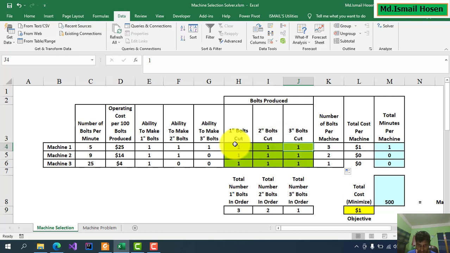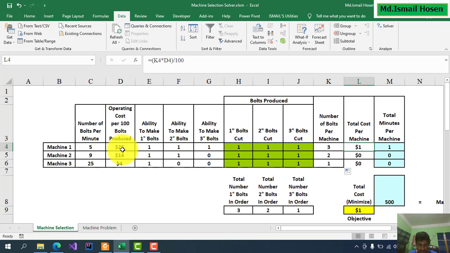So we just assume that we'll use one quantity of every type of pattern. So the number of bolts per machine, in this case, will be 3, because we are using this 3. Okay, so the total cost per machine in this case: we have produced 3 bolts per machine, right?